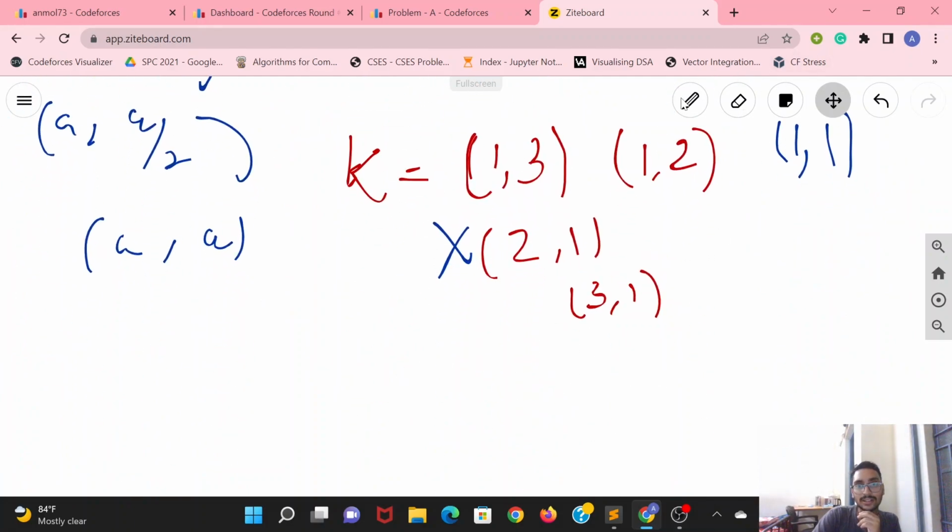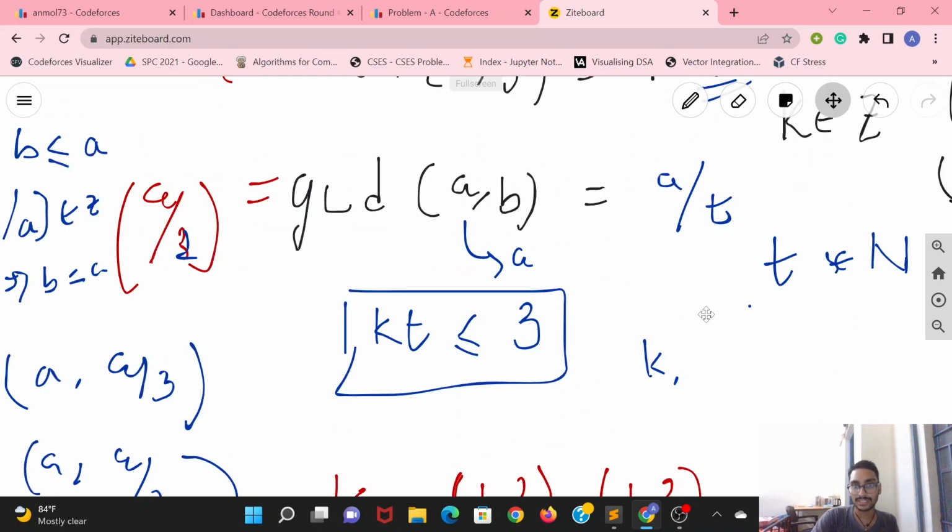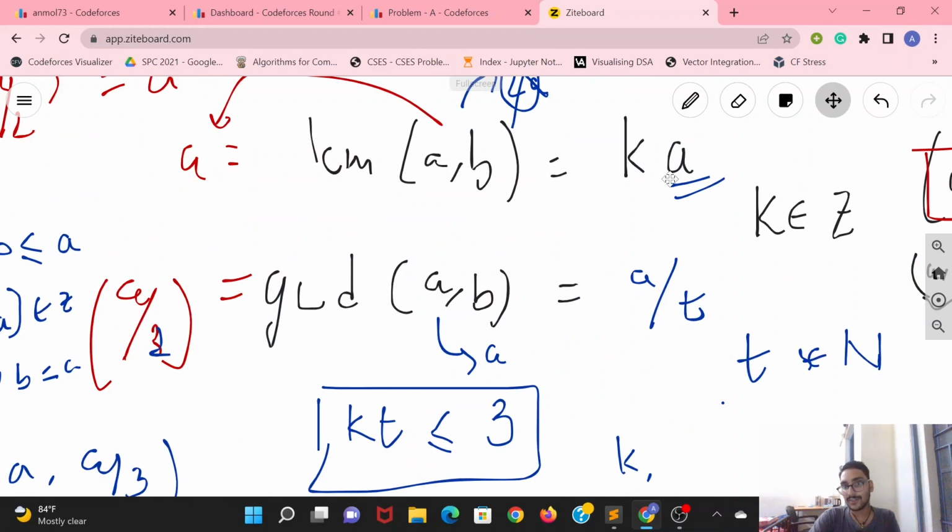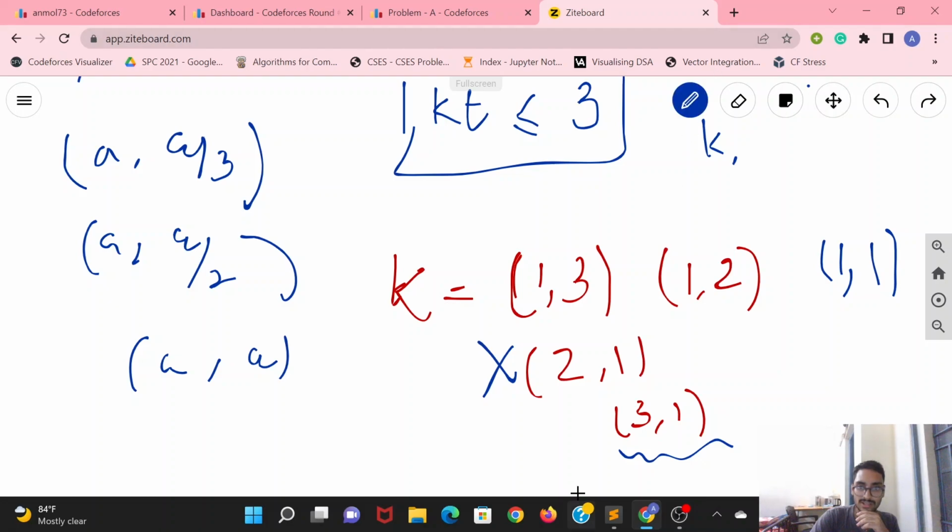So 2 comma 1 is not feasible. Similarly, if you take 3 comma 1, you'll get B equal to A again, because T equals 1. Again the LCM will be A, but K equals 3, which is not feasible. So this is also not feasible. So these are the possible cases.